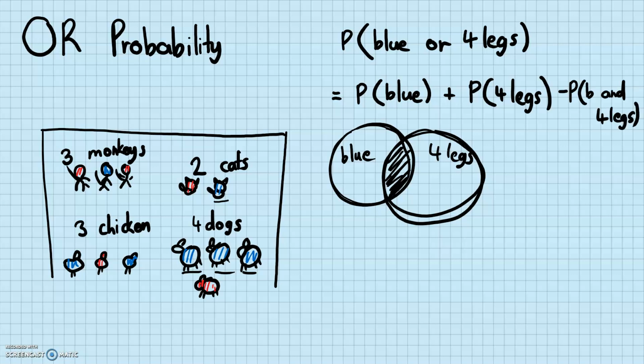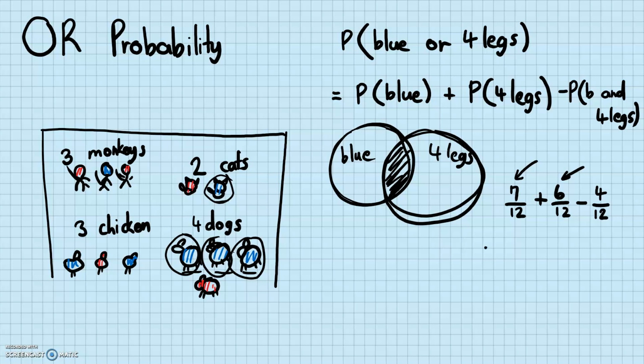So now that's going to be the probability of blue: 1, 2, 3, 4, 5, 6, 7 blue animals, 7 out of 12, plus 4 legs, 6 out of 12, minus the blue and 4 legs. We have 1, 2, 3, 4. So you have to subtract those 4 animals because they've been counted twice. They've been counted here and they've been counted here.